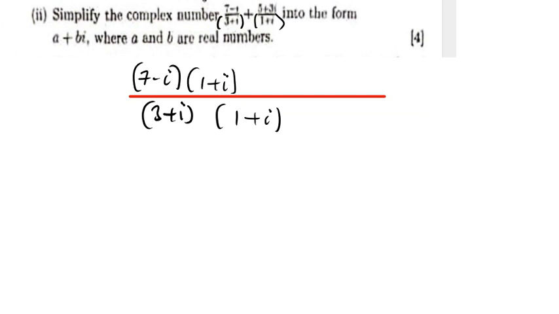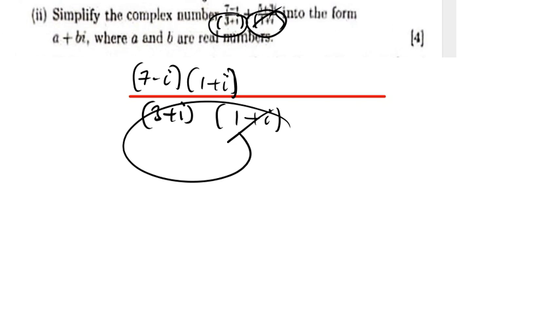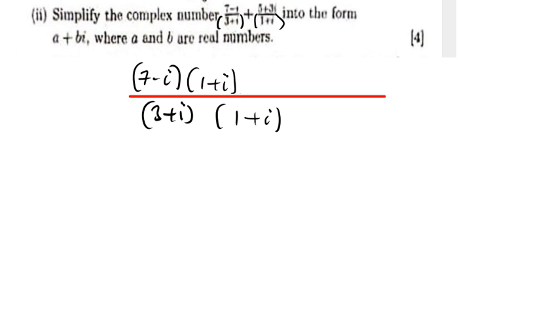At the same time, dividing by 1 plus i, these two cancel, and I remain with 3 plus i times the top part. So now we'll have plus (5 plus 3i) times (3 plus i).